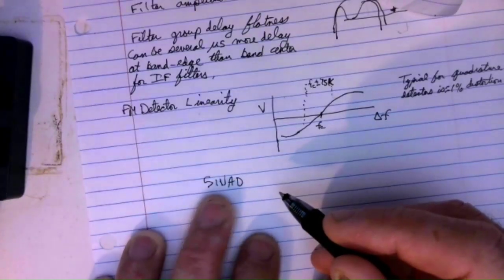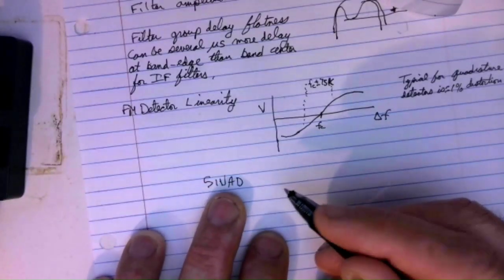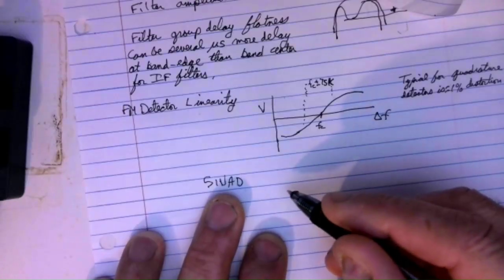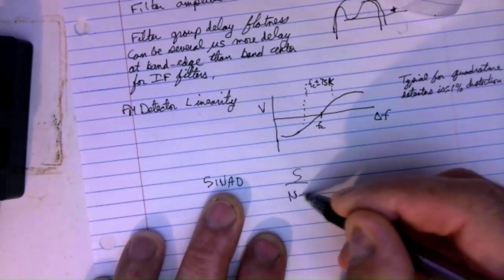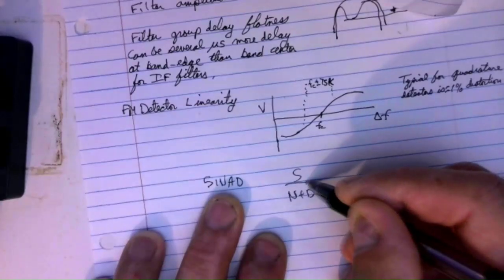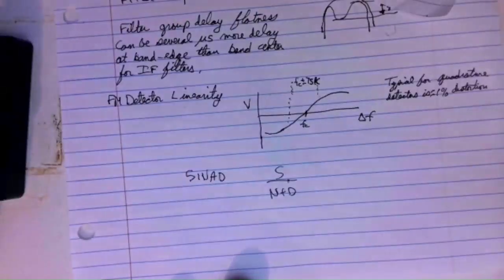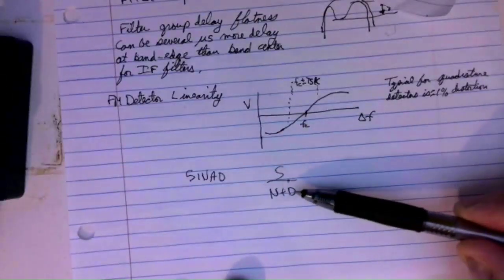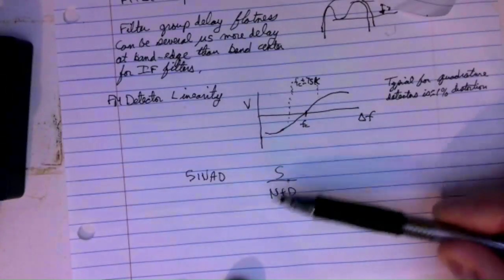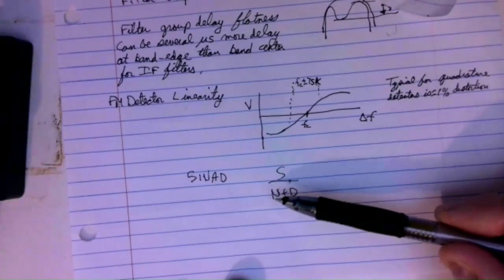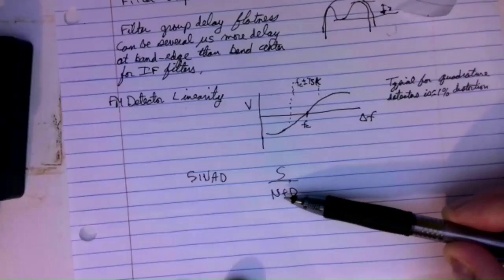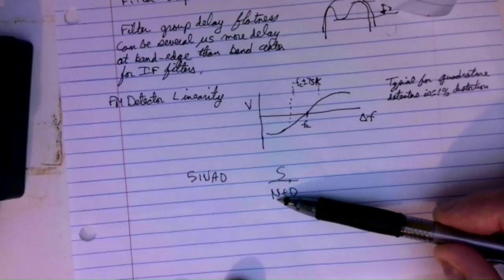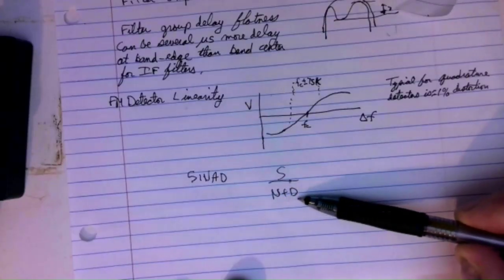So rather than measure SNR, it's S over N plus D. If your audio is well designed, you'd really be just looking at S to N, but what you end up measuring when you measure S to N is the noise and the distortion.